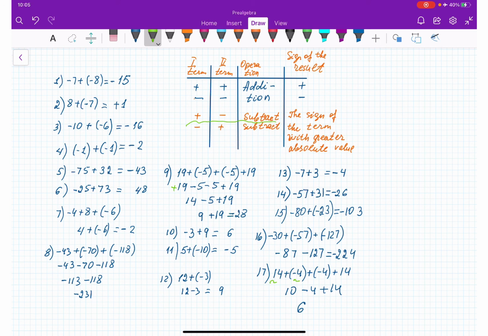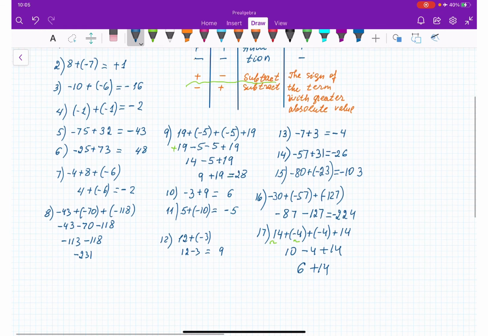We leave it positive. And positive plus 14 equals 20. Both of them are positive. Let me save space so I can fit everything on the same page. Positive 20. Okay?